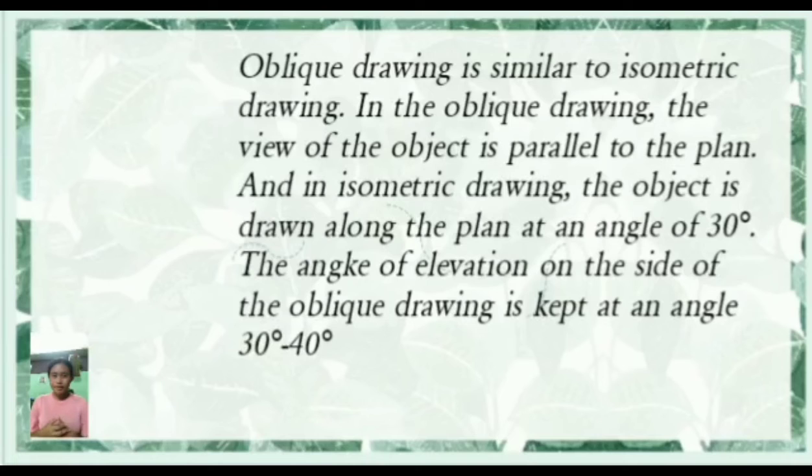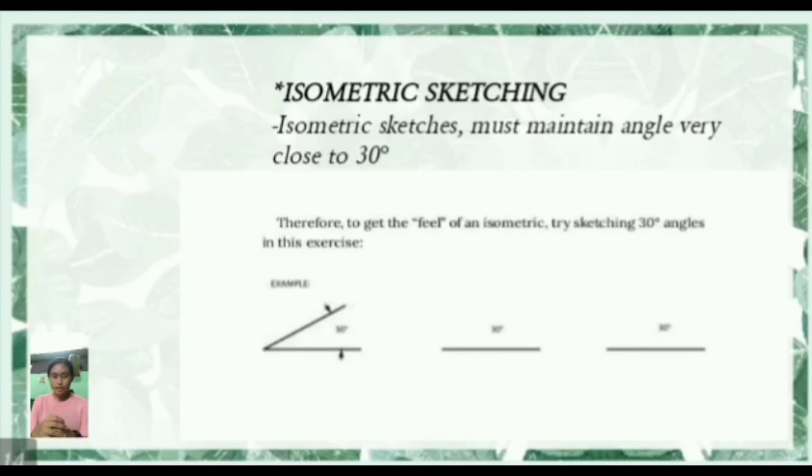So always remember that the oblique drawing is measured of 30 degree to 40 degree angle. Then sa isometric drawing, measure siya og 30 degree angles only. So later on, I will be discussing the isometric drawing so that you will know the difference between oblique drawing and the isometric drawing. So isometric sketching.